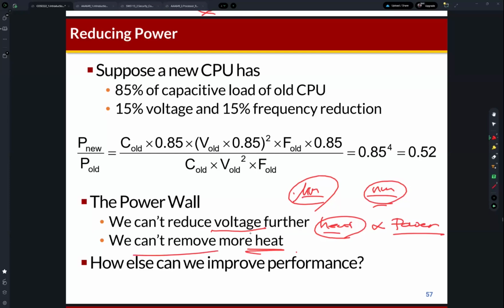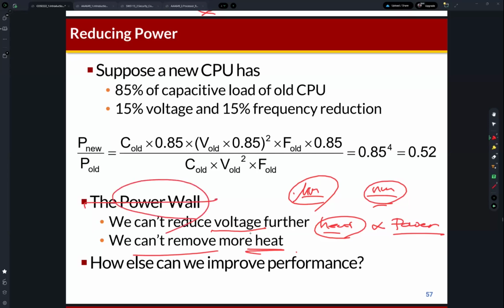But it's very hard to remove the heat. Nowadays we use water cooling systems, because cooling has become very hard recently. So this is the power wall.